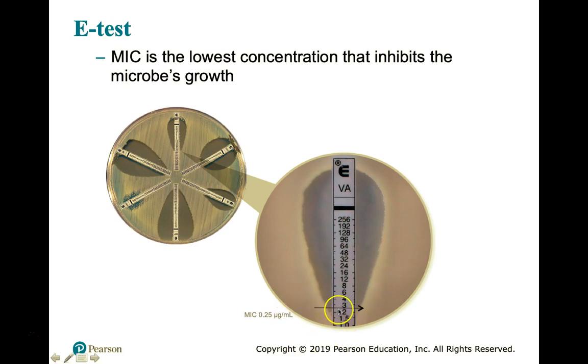But you still have different concentrations for this antibiotic, in this case vancomycin, and you look for the separation where the bacterial growth is not touching the test strip anymore. And when it's not touching the test strip anymore, that tells you what the susceptibility is.